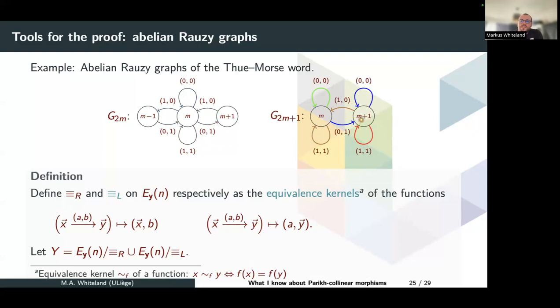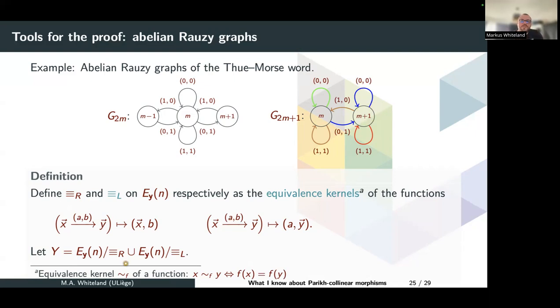So here we just want that the end vertex of an edge is the same, and the first components of the labels should be equal. So again, the blue edges here both end in this vertex, and the labels' first components are both 0. So we have two equivalence relations.